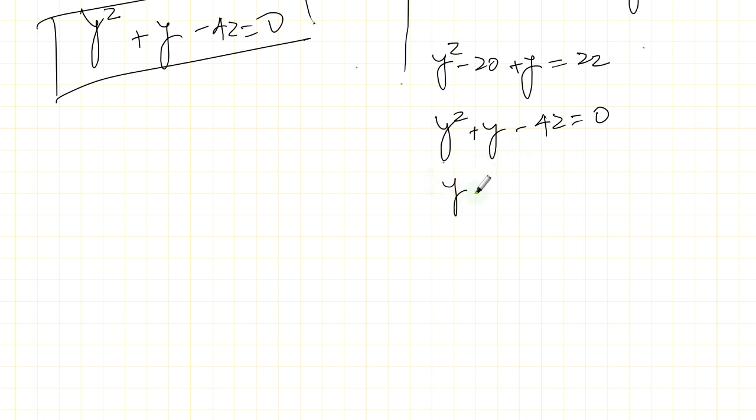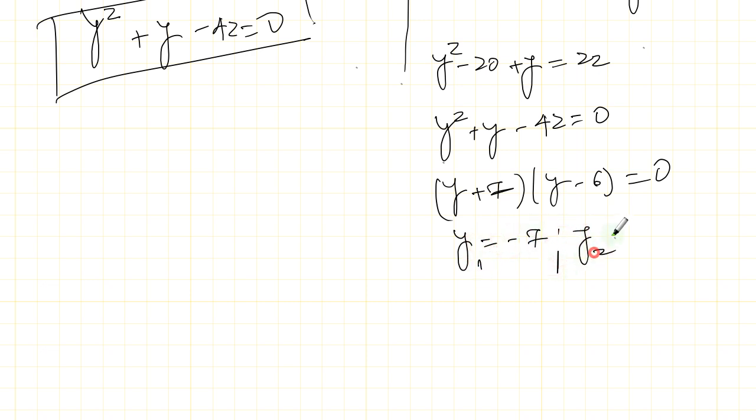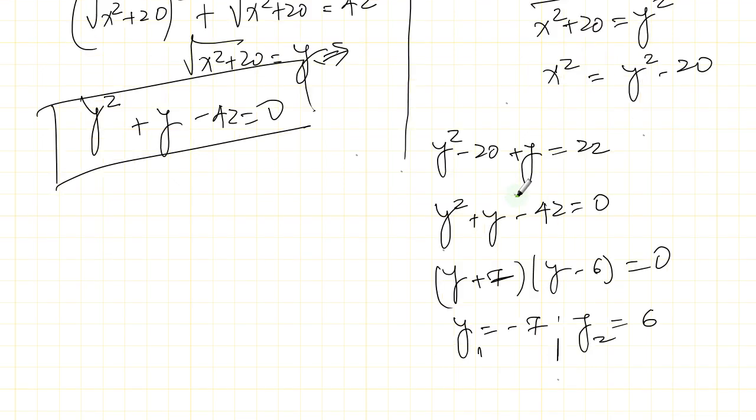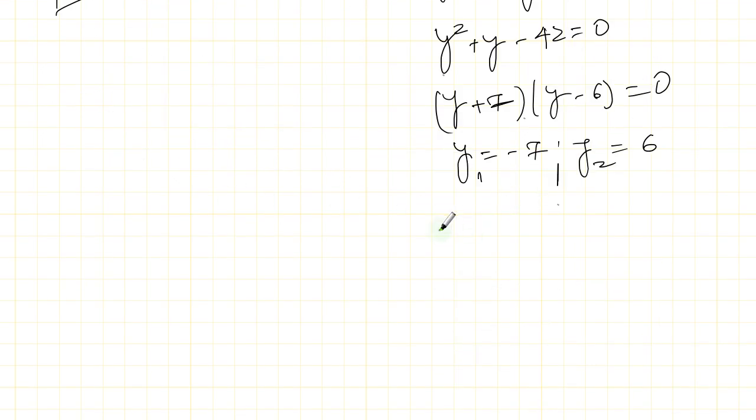So now continuing from here, this is a second degree equation, and I'm just going to factor. This is y plus 7 times y minus 6 equals 0. And then we have y1 equals negative 7, and y2 equals 6. So now picking these values and replacing them in our substitution, we have the square root of x squared plus 20 equal to negative 7.